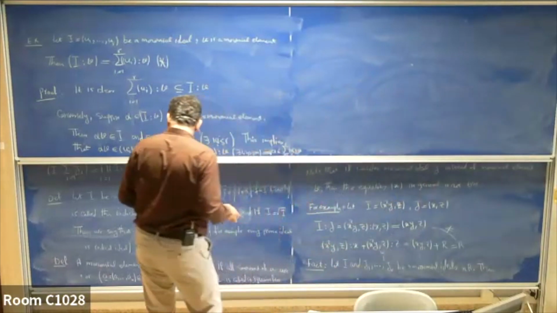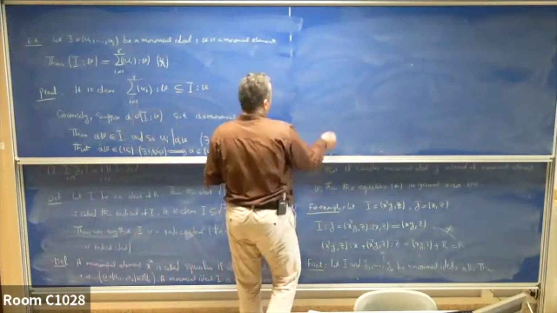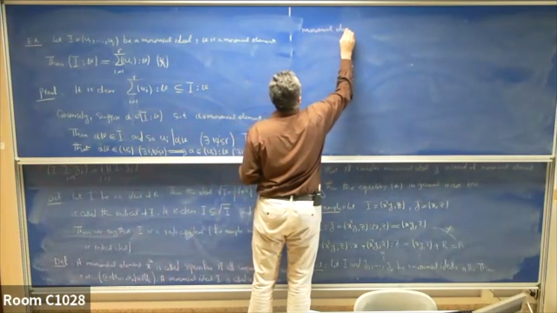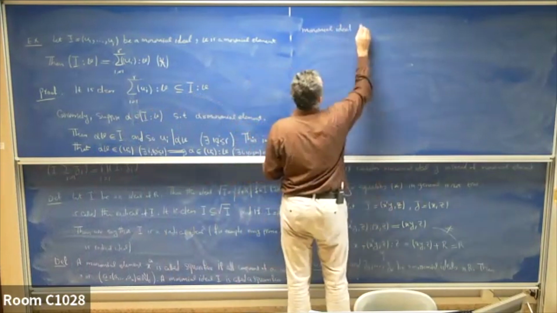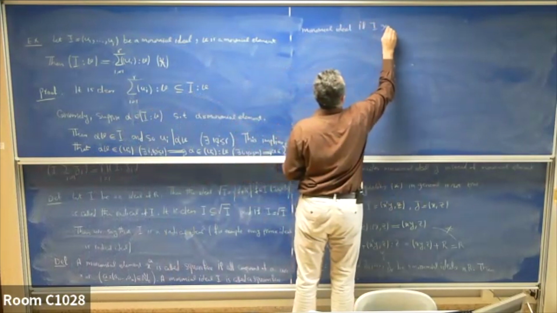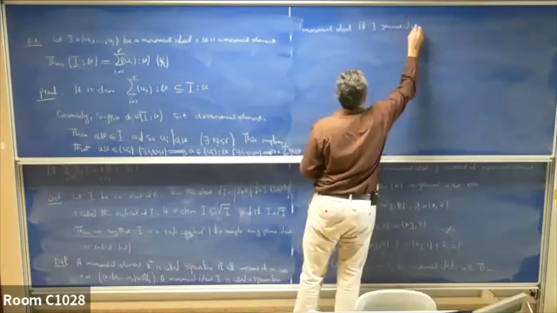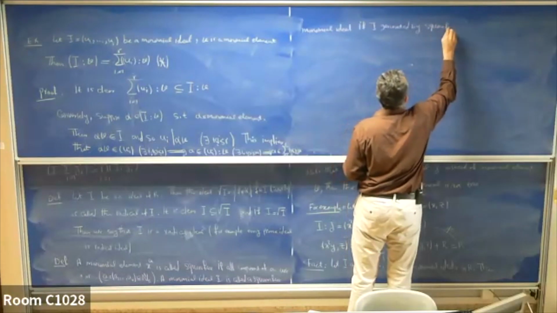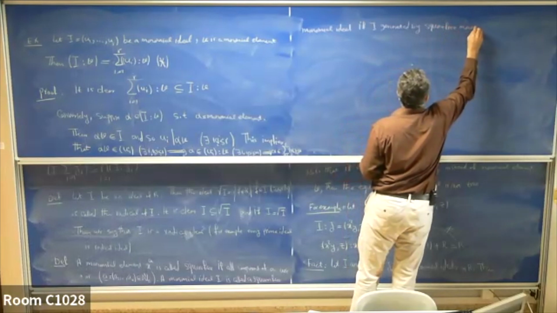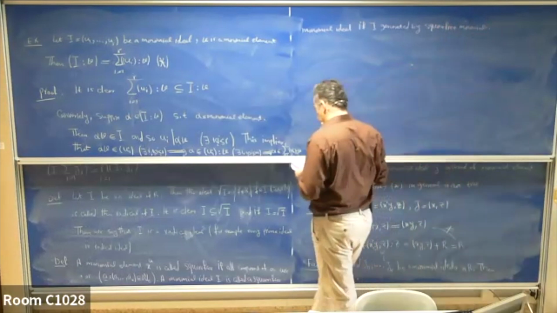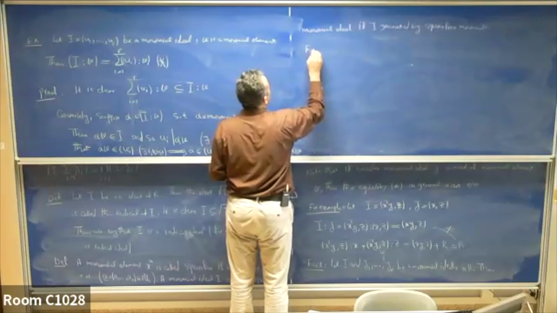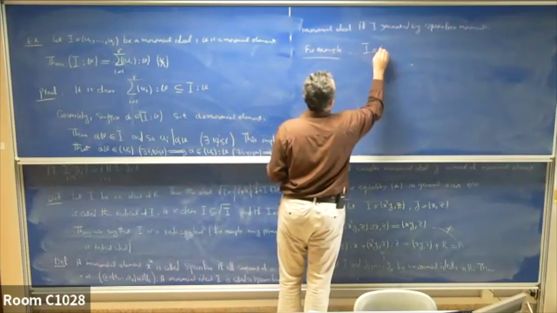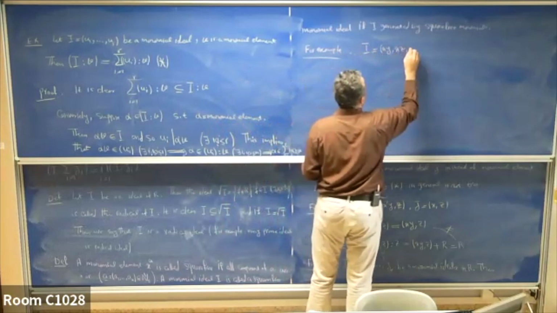A monomial ideal is called a square free monomial ideal if I is generated by square free monomials. For example, I generated by xy, xz, zu.